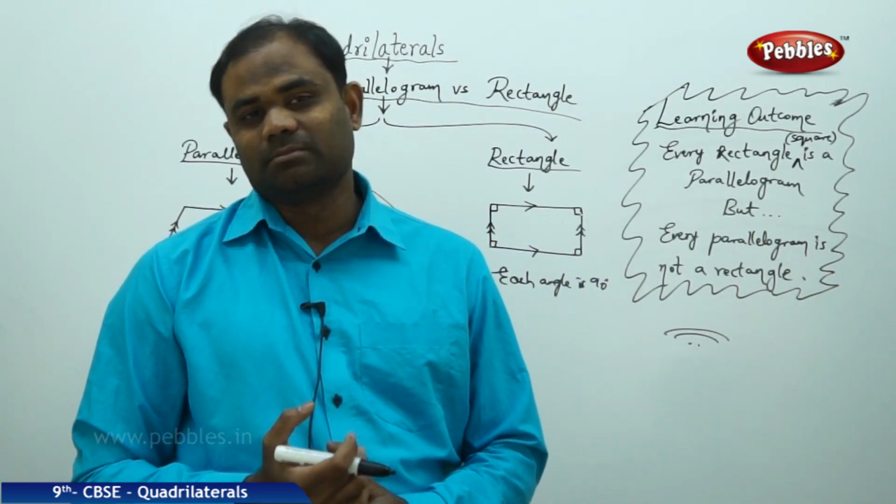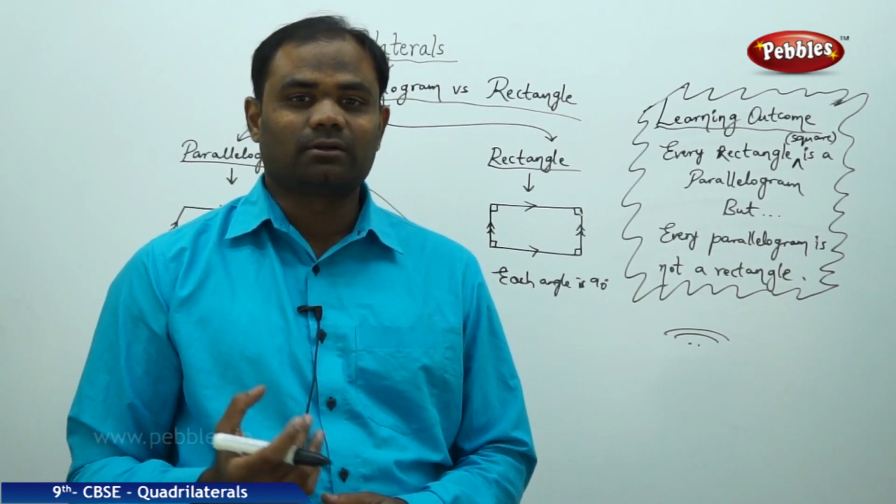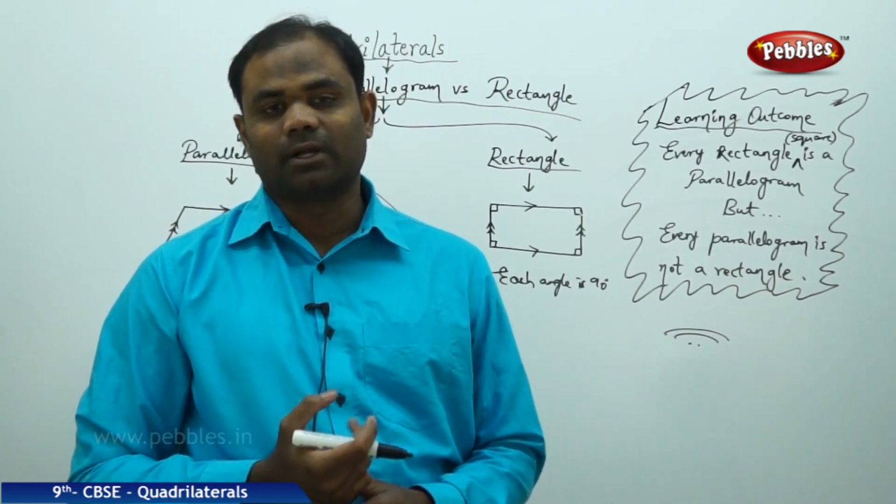The properties are similar to rectangle and square when connected with a parallelogram. So in this manner, I can connect various properties where I can say that every parallelogram is a trapezium, or every rectangle is a trapezium, or every square is a trapezium, but every trapezium is not a parallelogram, etc. So we can interlink between two quadrilateral shapes in understanding through their common properties and the uncommon properties.